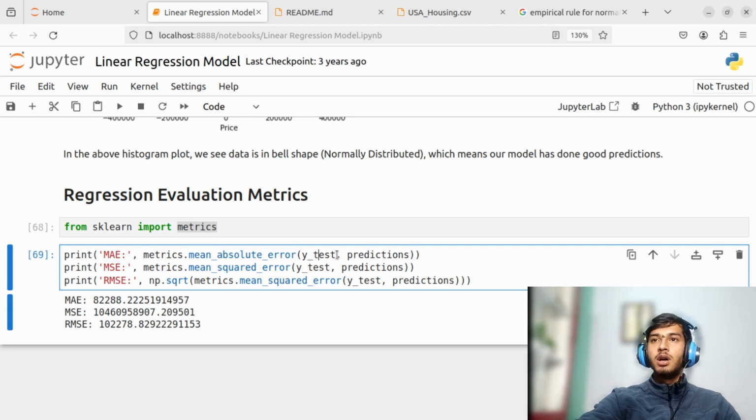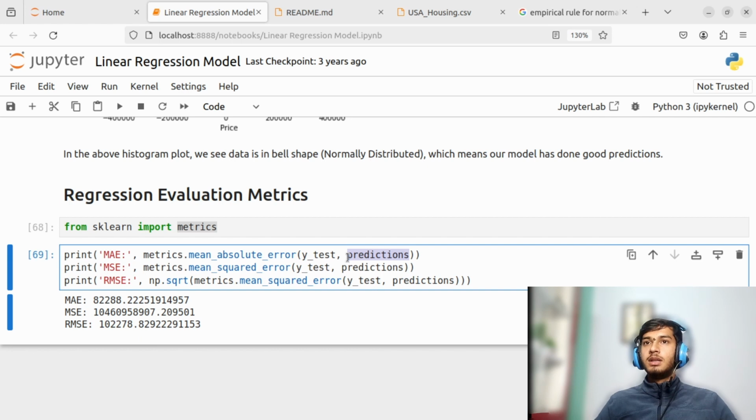Remember, in the parameters it takes the original target value and the predicted target value, right? That is the only way it can evaluate your model. You have to give the original, real data and also the predicted data.